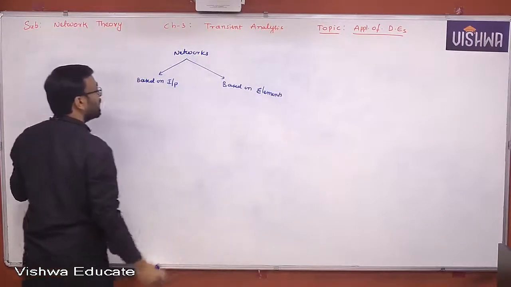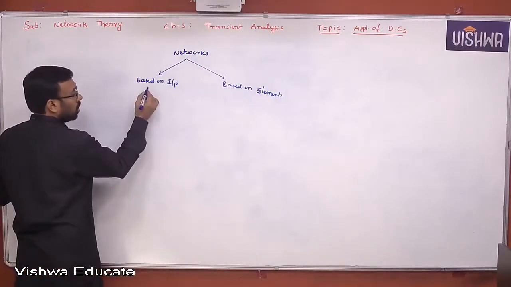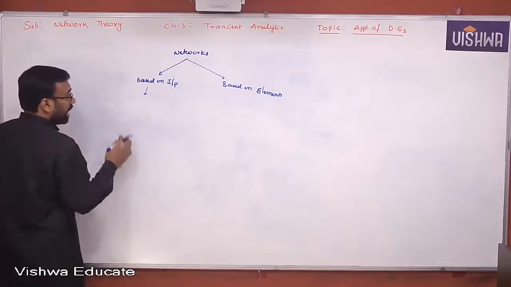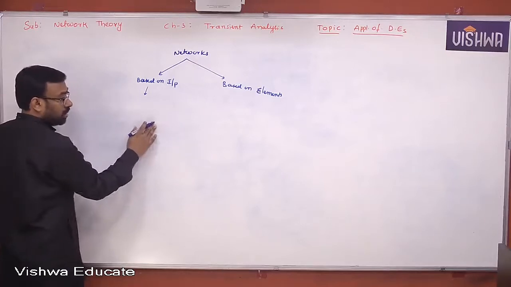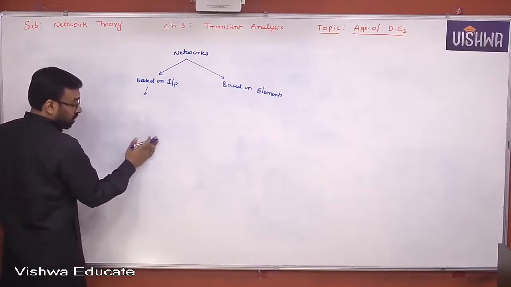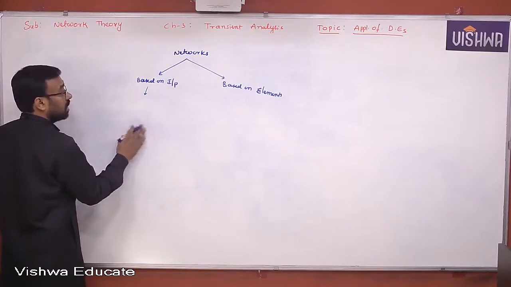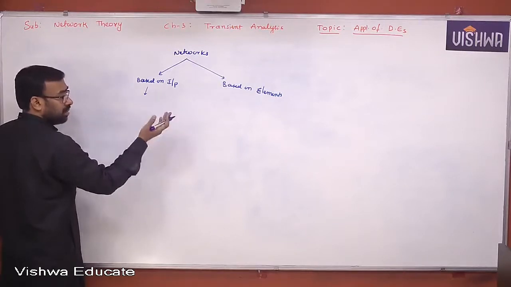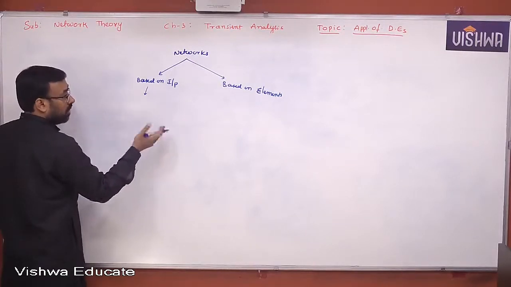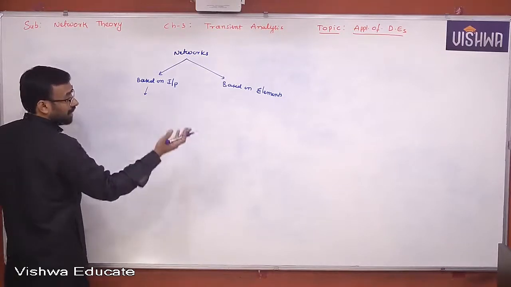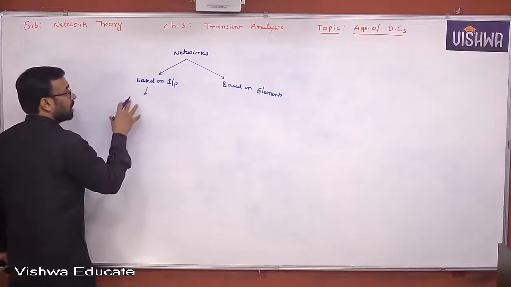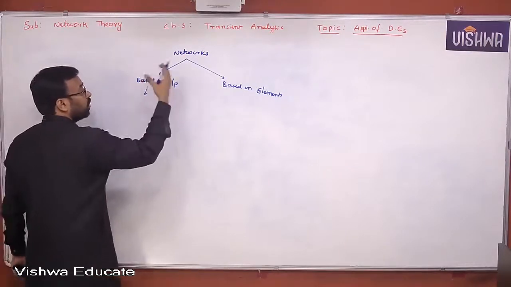Based on the input, you may have step response, ramp response systems. Step response based system means the input is step input. When ramp input is given, the response is called ramp response. When impulse input is given, you get impulse response.